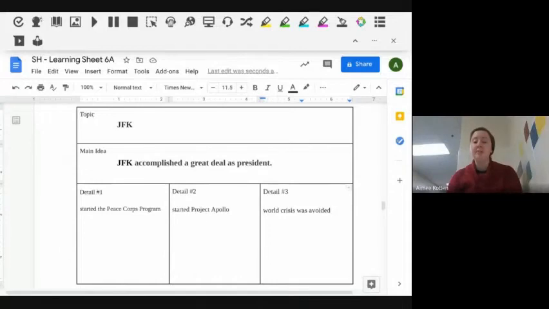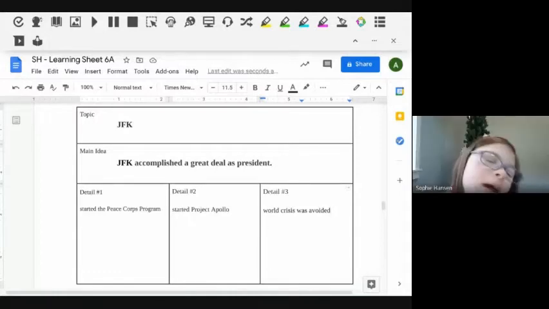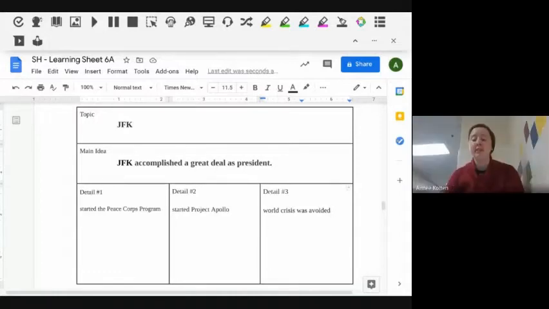So these relate to the main idea and the topic. So tomorrow, I'm going to have you read the passage on your own, and then you're going to tell me 3 details about the passage, okay? Okay. You did a really good job today following along and thinking hard about those details. Thanks.